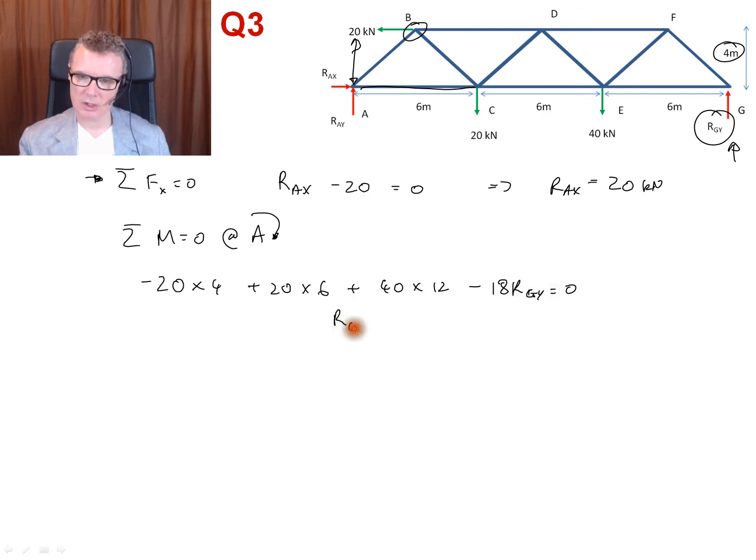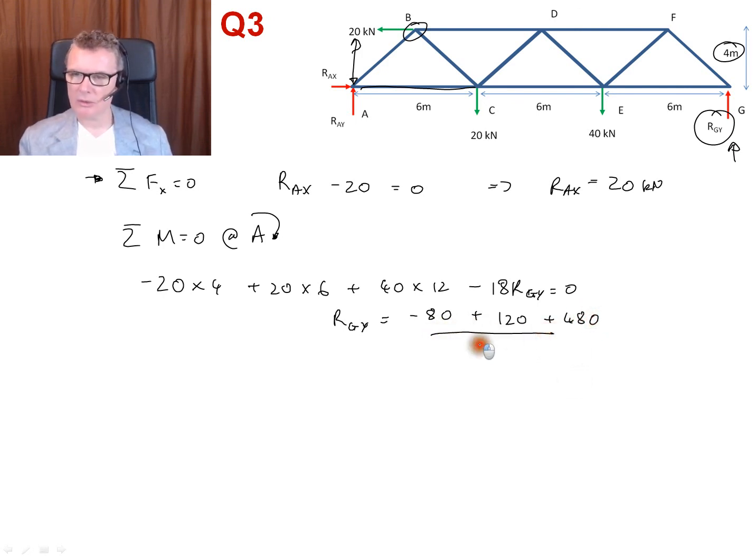So RGY equals, how many of these can I do in my head? Minus 80. 6, that would be 120. And I don't know my 12 times table. Oh no, that's easy enough, isn't it? 2448. And stick a 0 on the end.